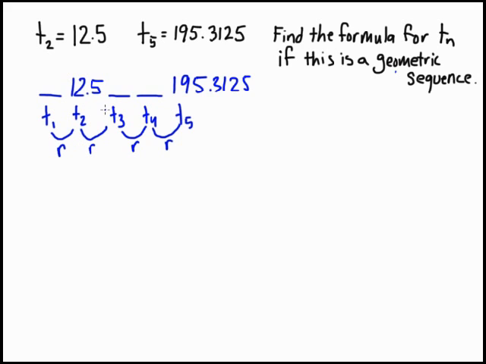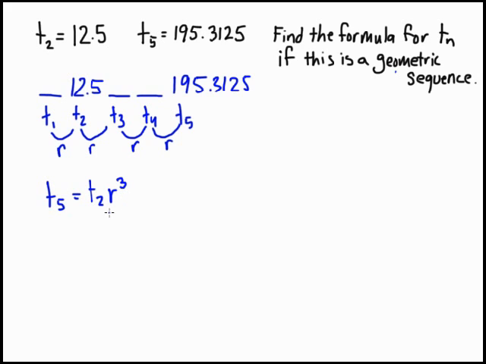Now if we just look at this, we can see that term 5 is equal to term 2 times r once, twice, and 3 times. So times r, or r cubed.